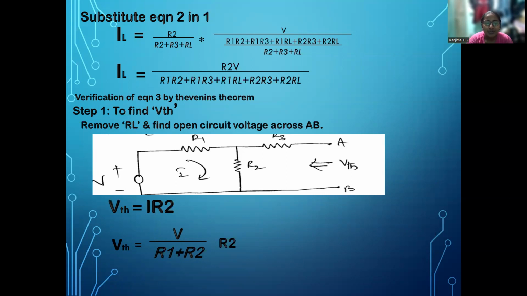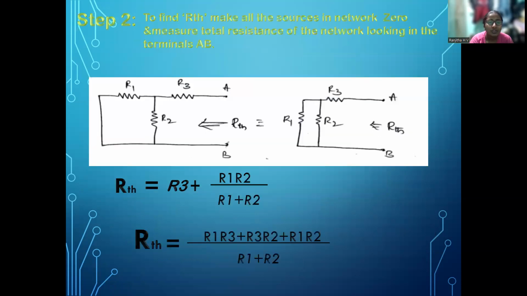In step 1, to find the VTH, remove the RL and find the open circuit voltage across AB. Then VTH is equal to, we already know the voltage formula V is equal to I into R, V divided by R1 plus R2 into R2.